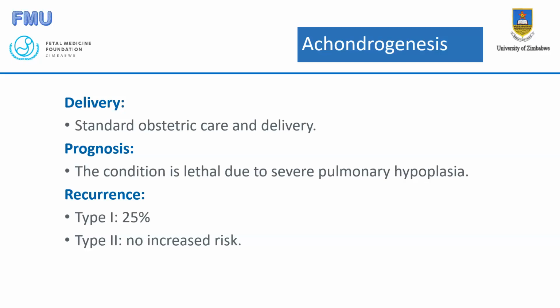So these women should be told this kind of information. In our case, where we are not able to test, or where sometimes the condition will be borderline for you to say, is it type 1, is it type 2, this is the same advice you are going to give to couples. Say, look, there's a 1 in 4 chance that this condition will recur.